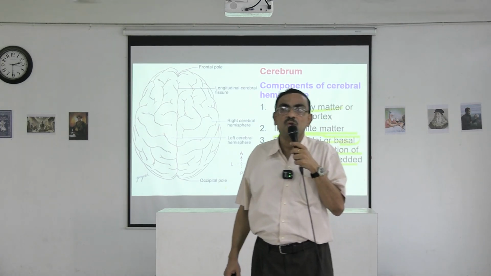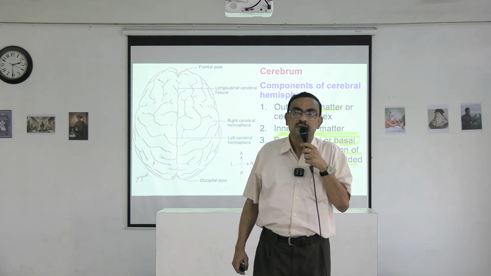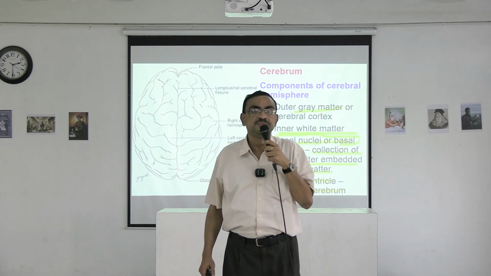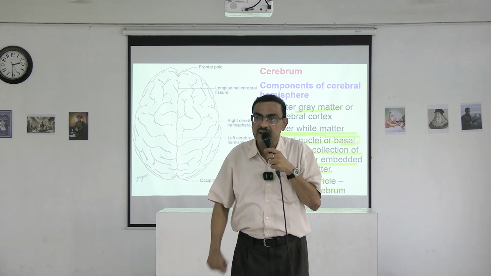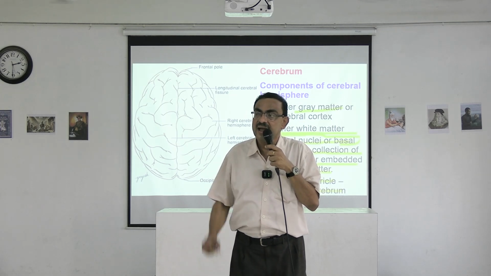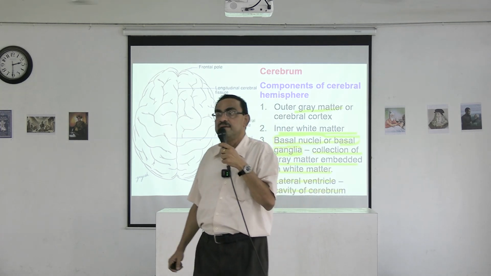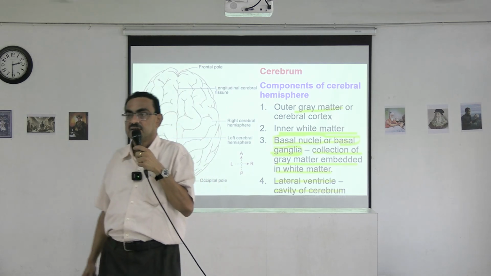So the brain consists of cerebrum, cerebellum and brainstem, that is midbrain, pons and medulla.